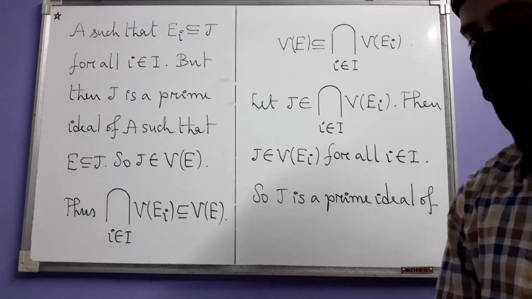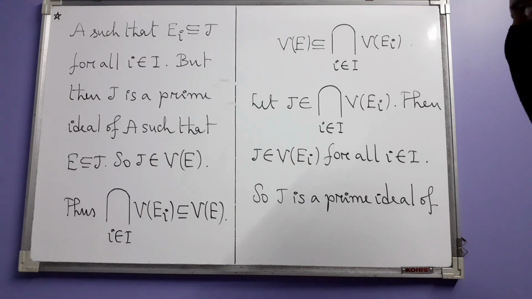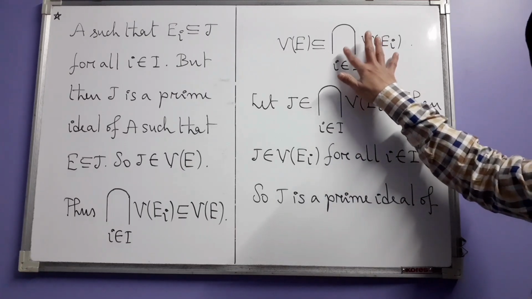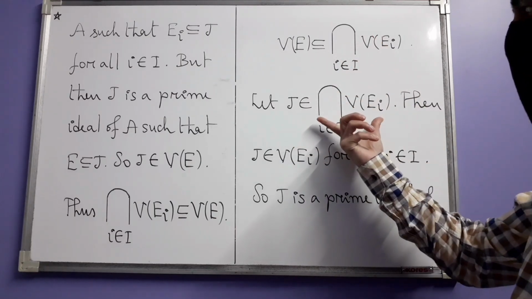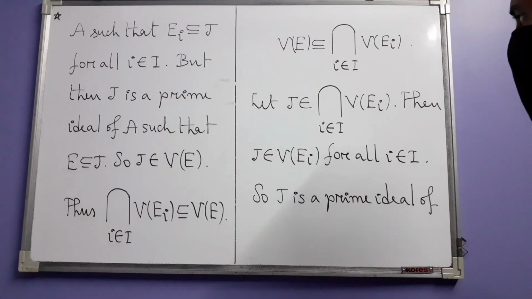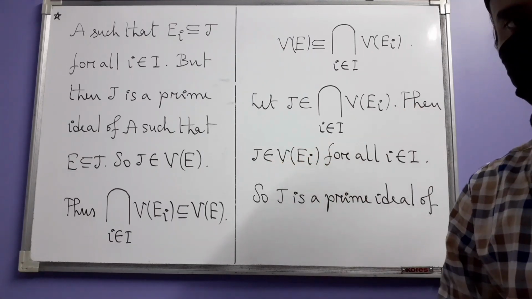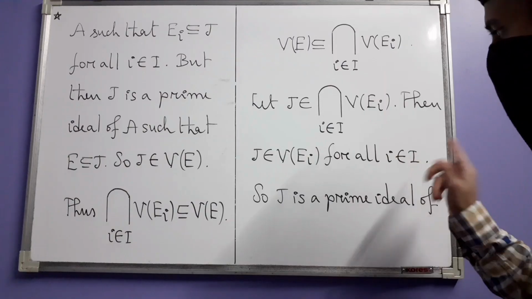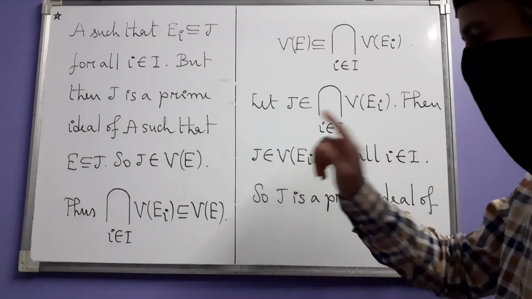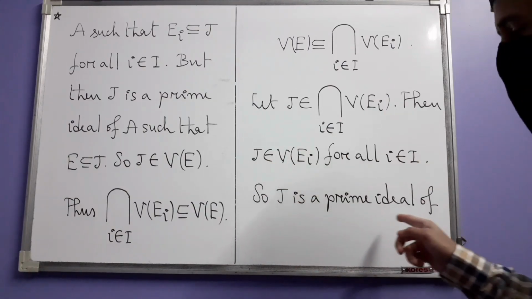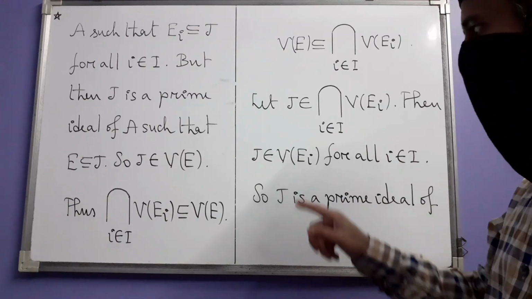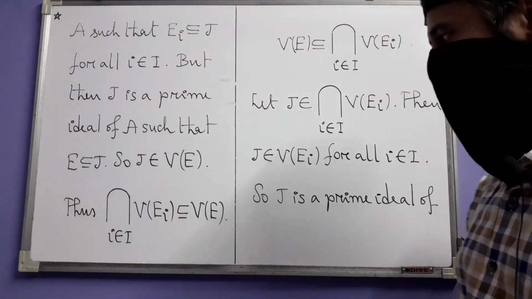To prove that the reverse containment is also true, we take any element here. Let J be any element in this intersection. Then J is inside each set V of E_i for all i belonging to I. What does it mean? It means that J is a prime ideal of our ring A such that J contains E_i.